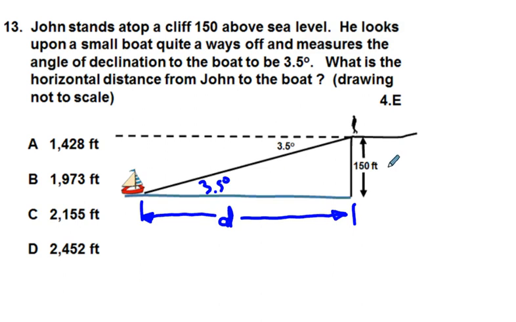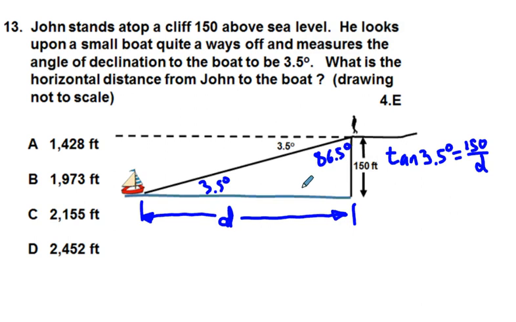So we could write this as a tangent. Tangent 3.5 degrees is equal to 150 feet over distance D. One thing you can use here: if we take 90 minus 3.5, you're going to get 86.5 degrees.